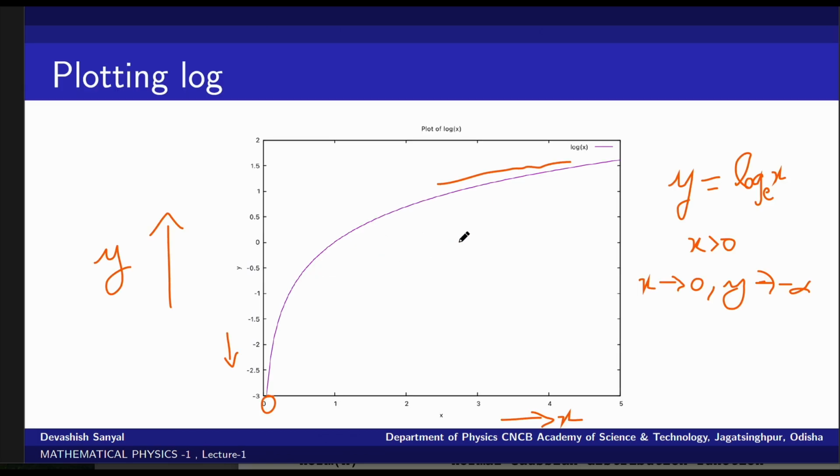So the rate of change is extremely sharp, almost infinity, when x is close to 0.